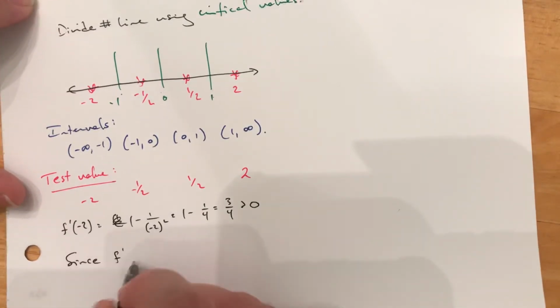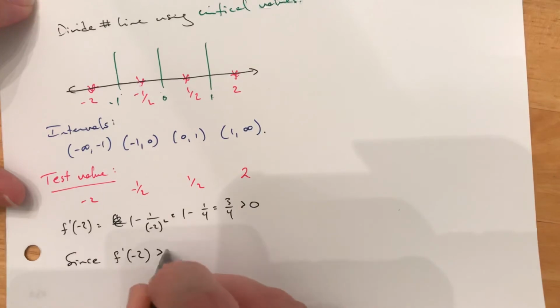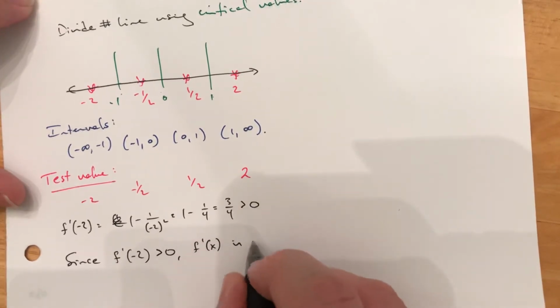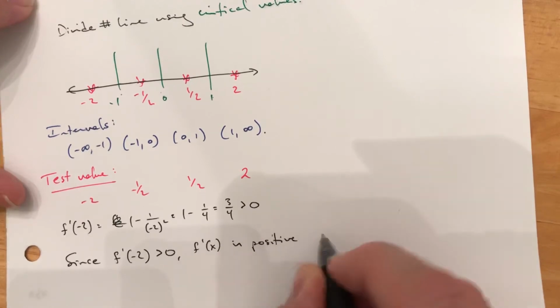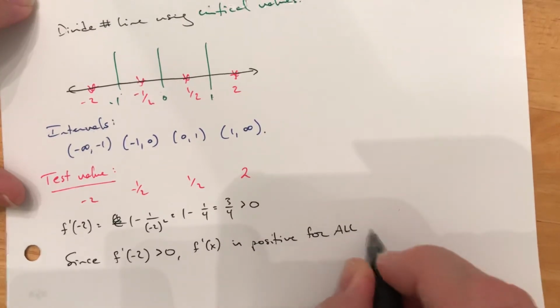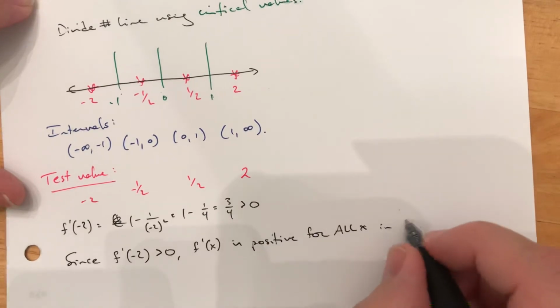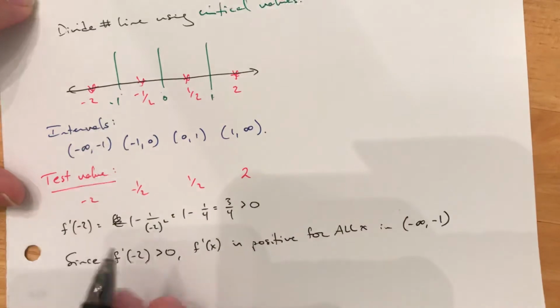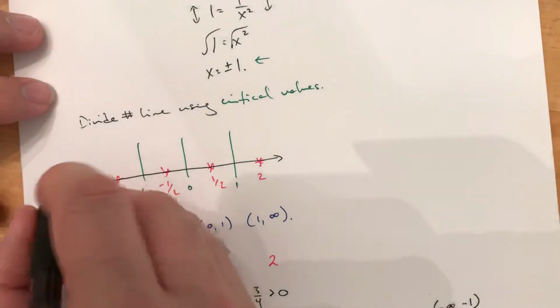And since f prime of negative 2 is positive, f prime of x is positive for all x in that interval where negative 2 came from. So we're going to write that down up here.